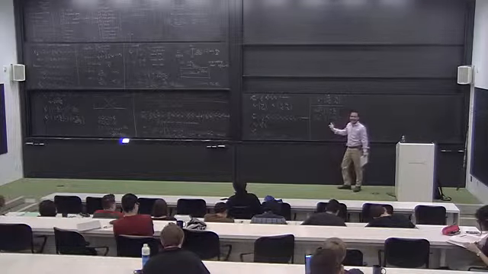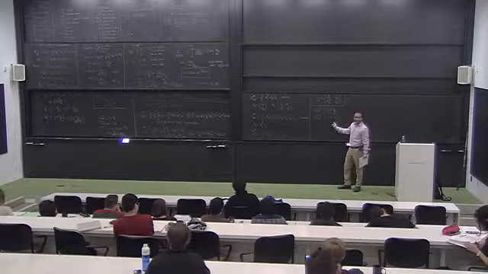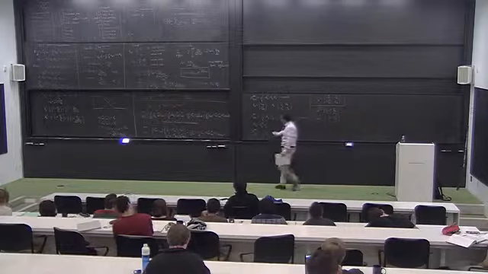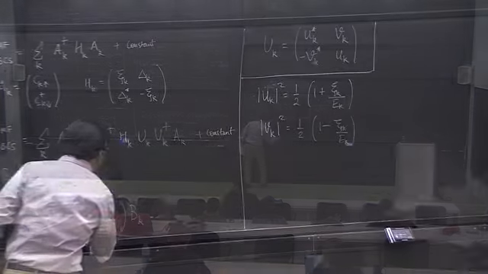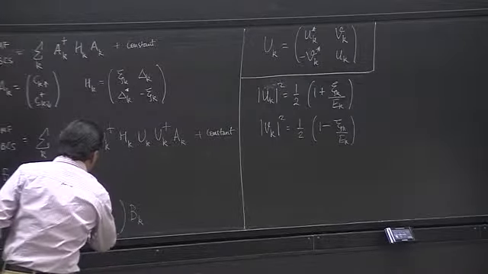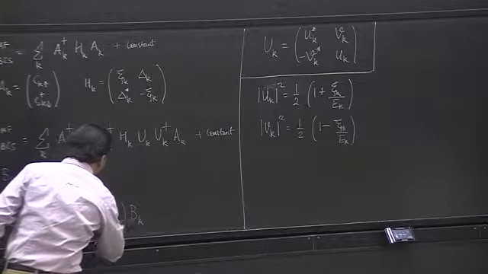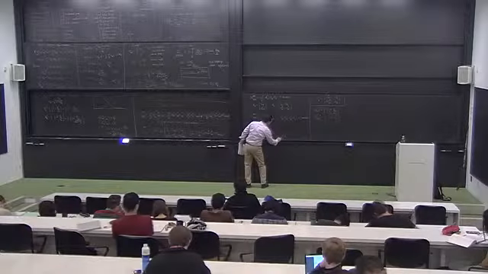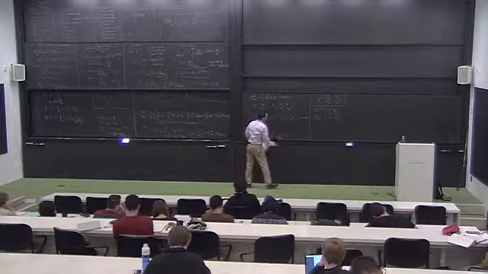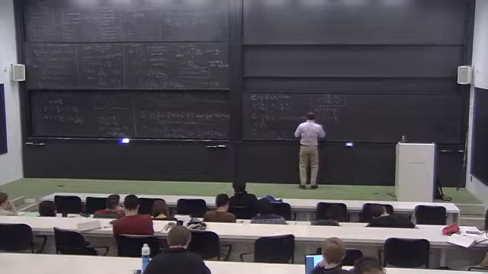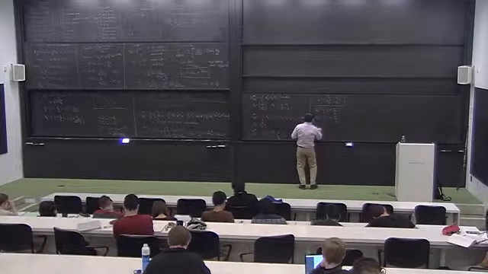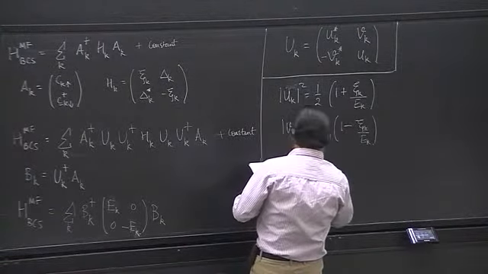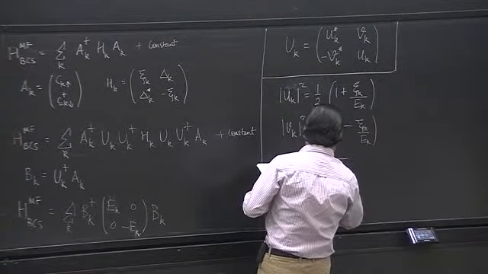Also, when we find the eigenvalues, you can write down the eigenvalues as EK and minus EK, where EK is again a square root.